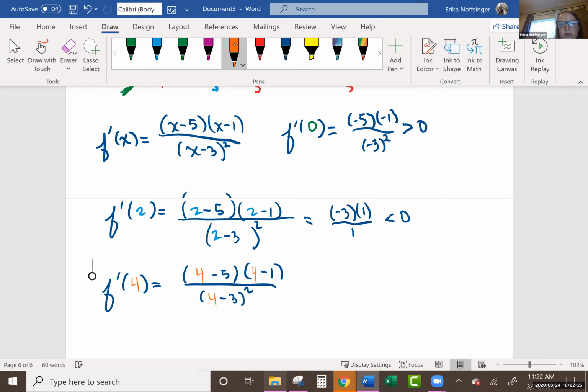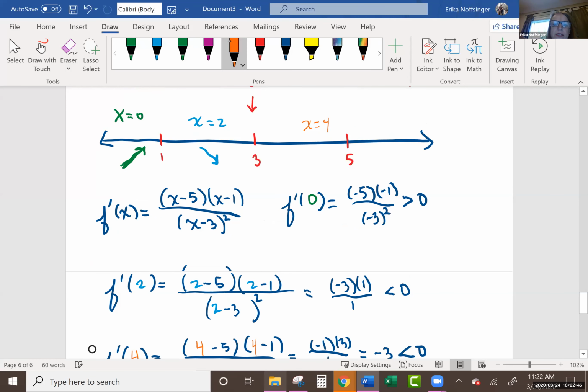So 4 minus 5 is -1, 4 minus 1 is 3, all over 4 minus 3, so 1 squared is 1. So this gives me back -3, which is less than 0. And so on the right-hand side of that vertical asymptote, it's also decreasing.